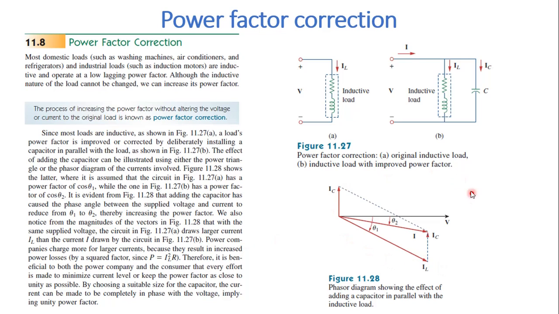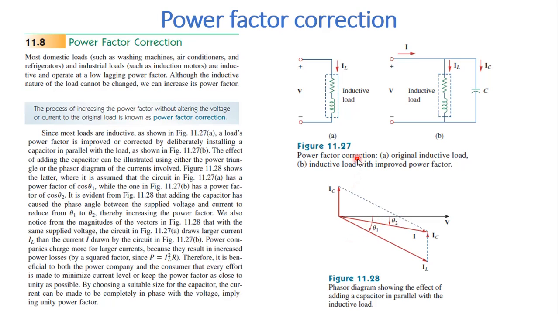So from this diagram we can also notice that this circuit absorbs larger current compared to the second circuit, because P is equal to V I cos of theta V minus theta I. So V into I into cos of theta V minus theta I will give you the larger value compared to the next one.